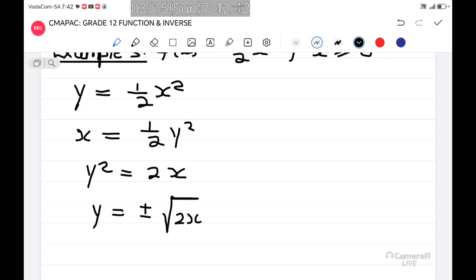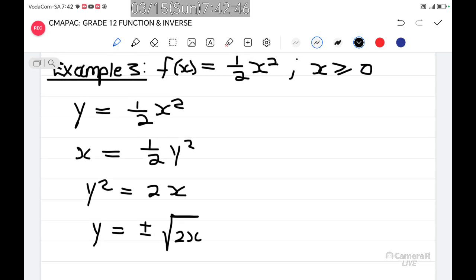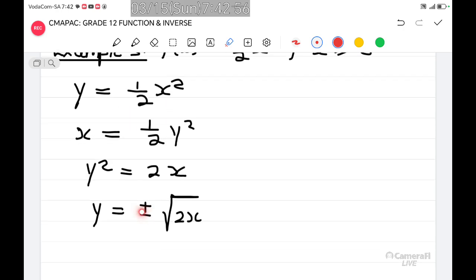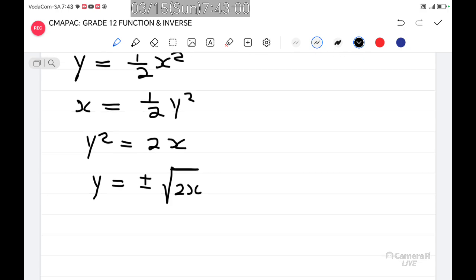So since the values of x are restricted, we're only taking the positive values of f of x. If x is positive, y must also be positive. Meaning, we don't take the negative, we must go positive, positive. Therefore, we can conclude the inverse of f of x is equal to the square root of 2x in that manner.